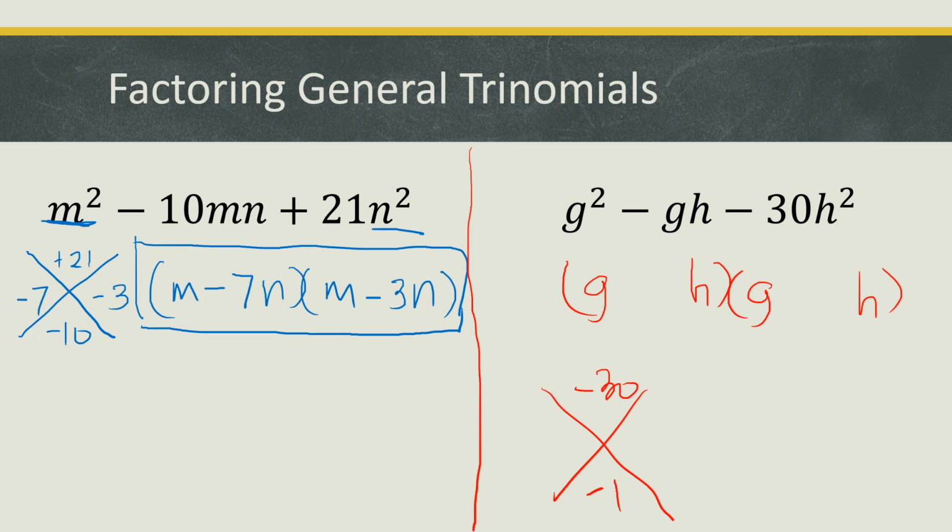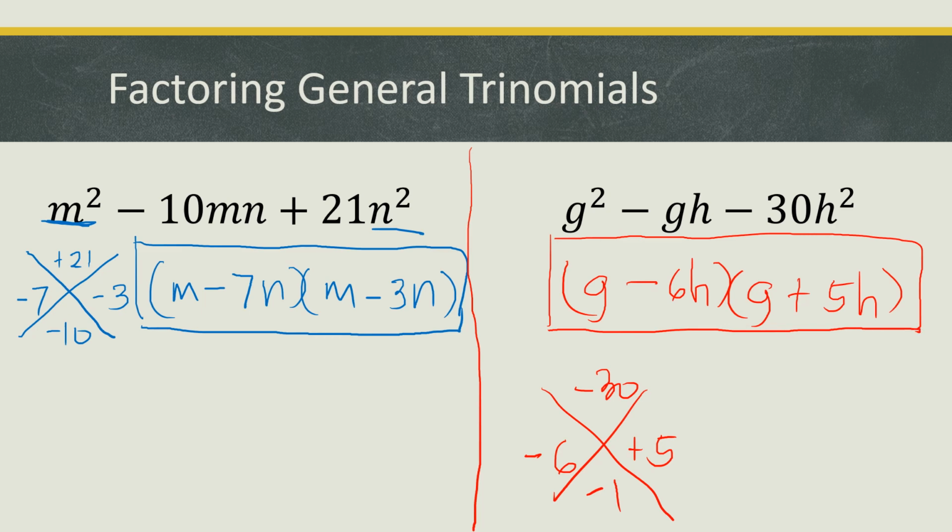And those are negative 6 times positive 5. All right. So we'll now write here minus 6 and then plus 5. So these are now the two factors: g minus 6h times g plus 5h.